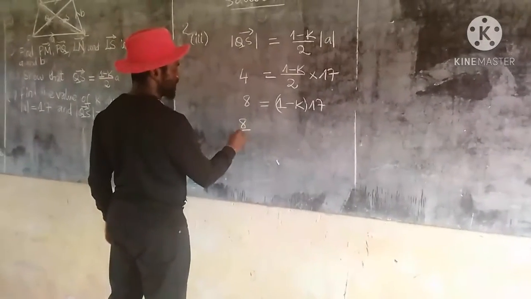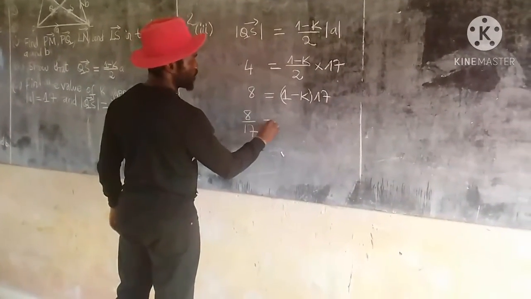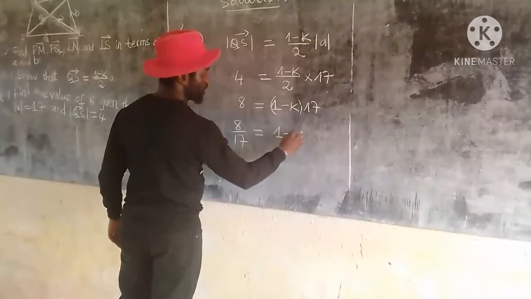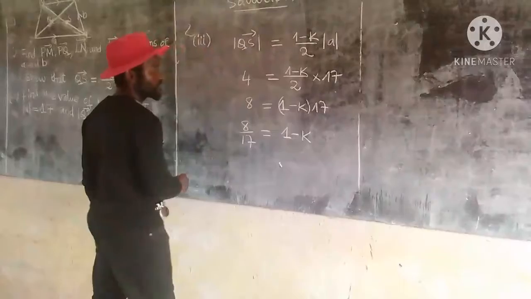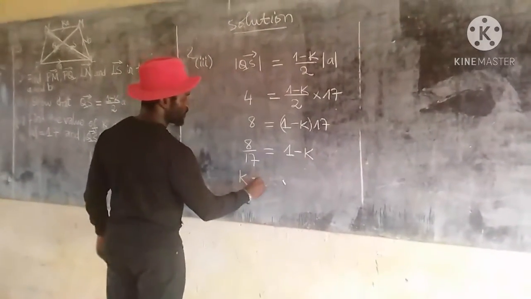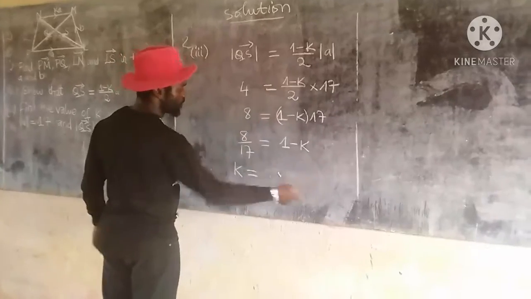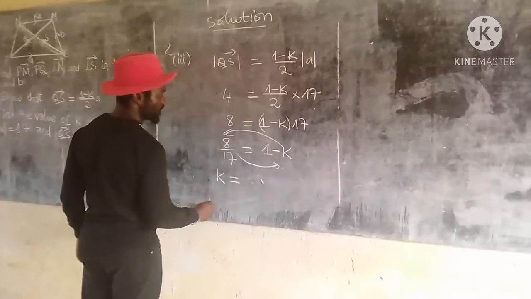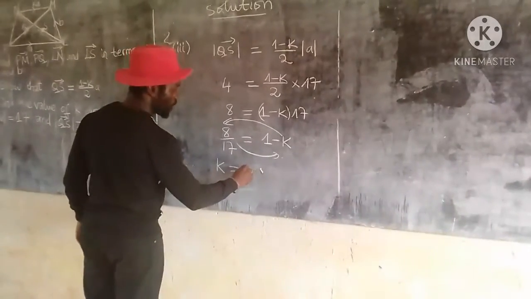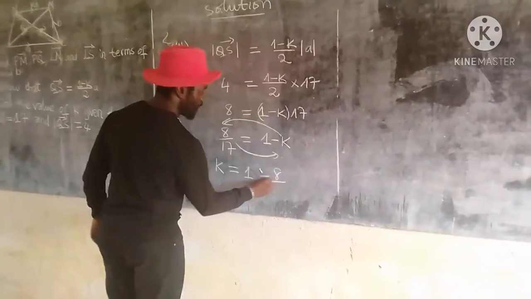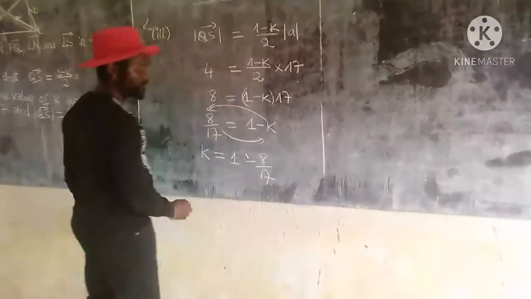So we have 8 divided by 17 is equal to 1 minus K. Now you can solve for K. K is equal to 1 minus 8 over 17.